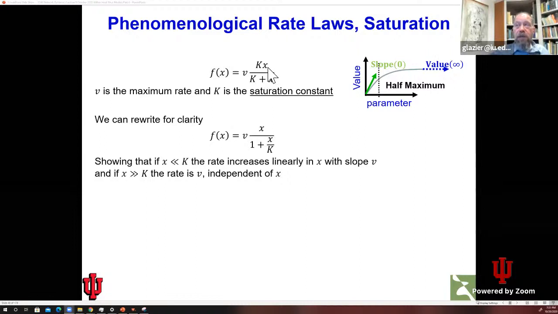If x is very big, the denominator looks like x, and I'm left with v times k. And so my saturation value is v times k. My slope at 0 is v, and the value at which I get to half of the maximum is when x equals k.